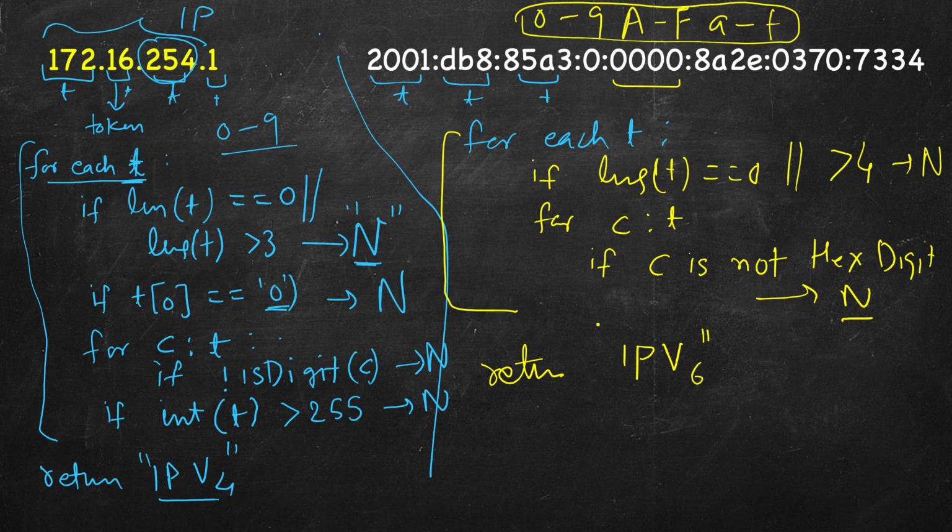IPv6. Now we have created rules for v4 and v6. Now when should we apply which one? So it's simple. Whatever IP is given to you, IP is the input that is given to you, and it's a string. So what we will do, we will check if IP contains 3 dots. Let me write here. We have IP here.